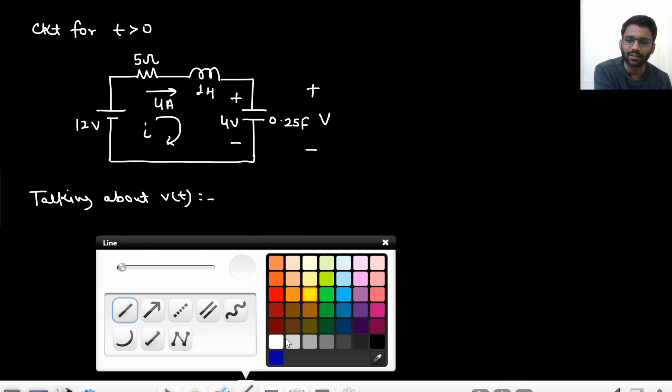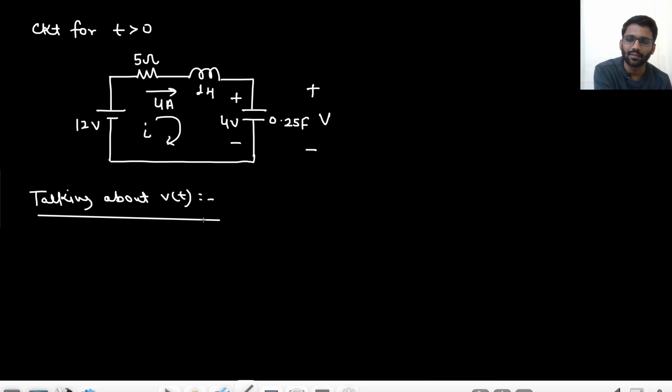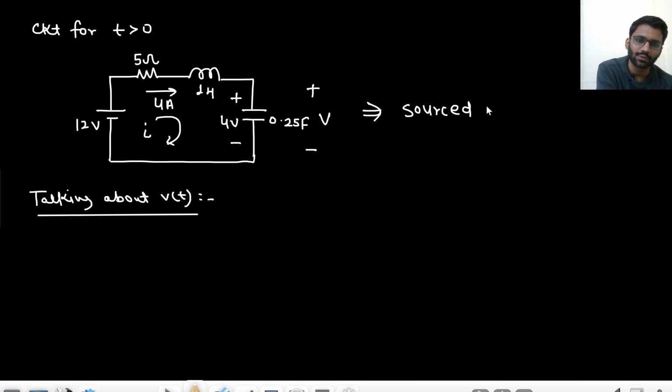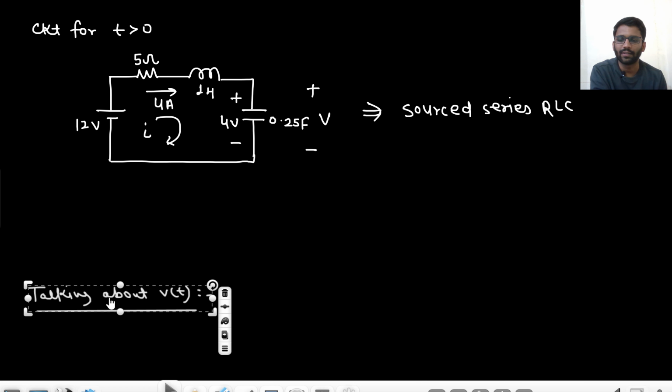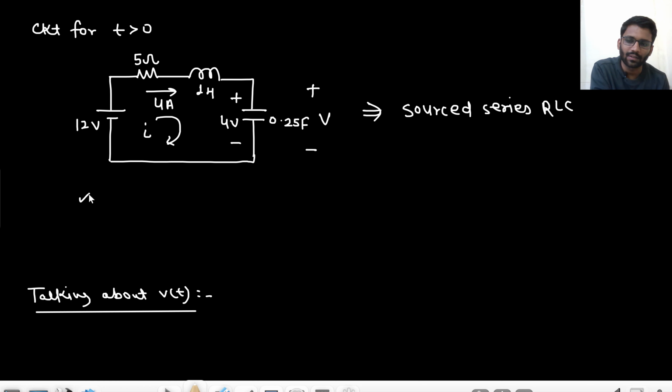There is this one thing here that will be interesting, that it is sourced series RLC. Talking about Vt. Before talking about Vt or anything, first find the damping. What is alpha?